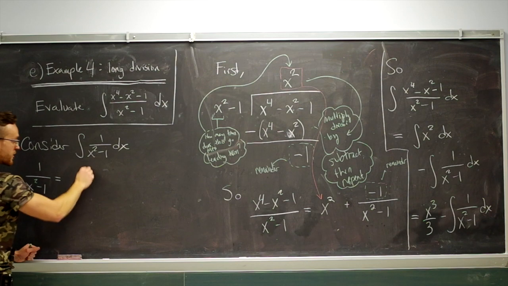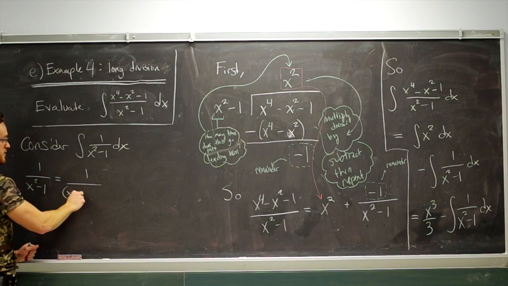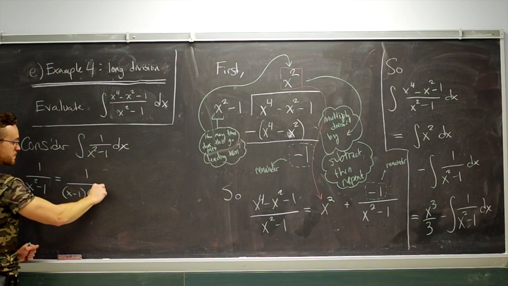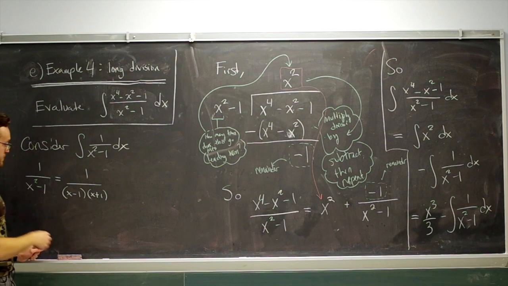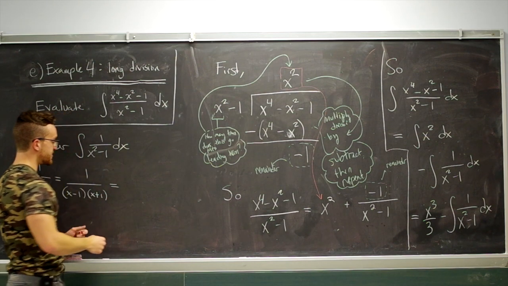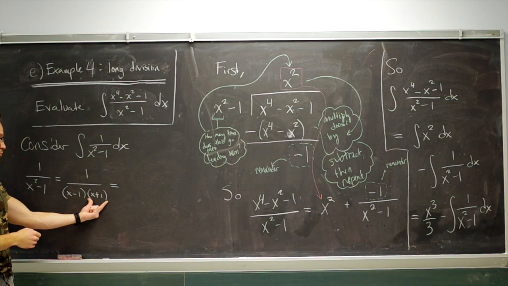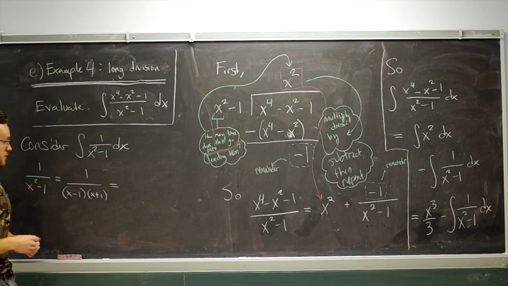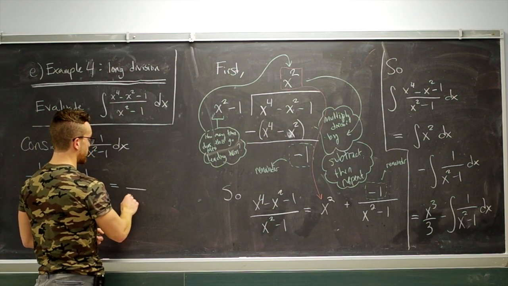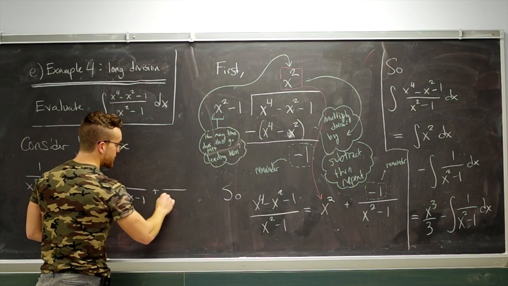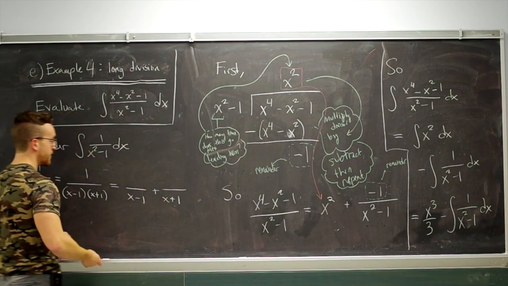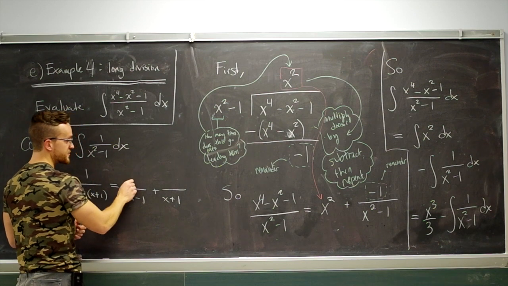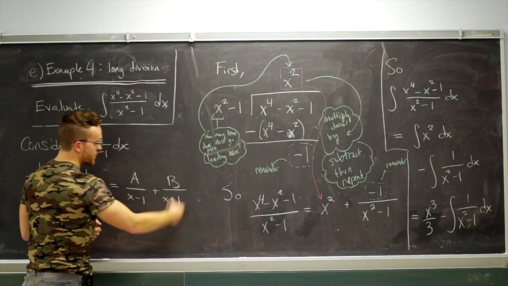It's a difference of squares, so this factors like x minus 1 times x plus 1. The kind of decomposition I would seek, these are just two linear factors. They're not repeated. So this will be something over x minus 1, something over x plus 1. Both degree 1 factors, so we just need degree 0 expressions on top.